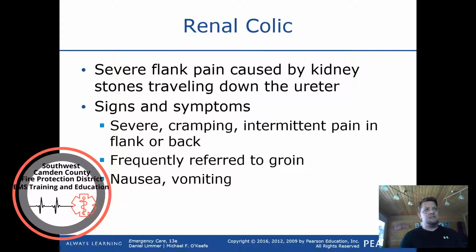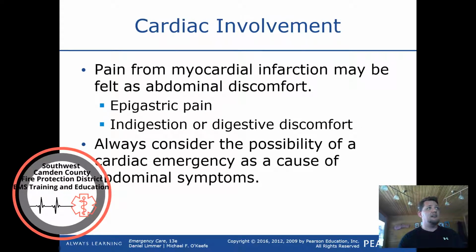Because what it's doing, that kidney stone is going down into the ureter, into the bladder, and then hopefully to get excreted by urine. But sometimes it doesn't and requires surgery or a medicine to make the kidney stone smaller so that it can be passed.